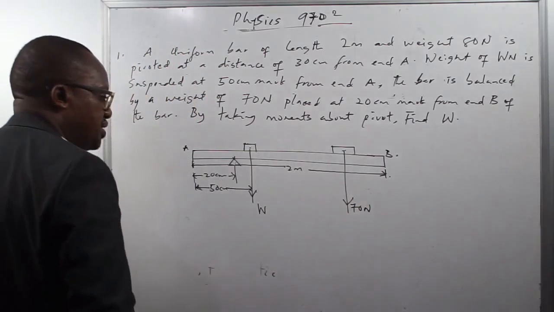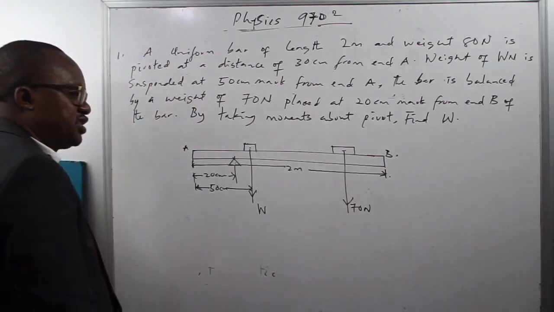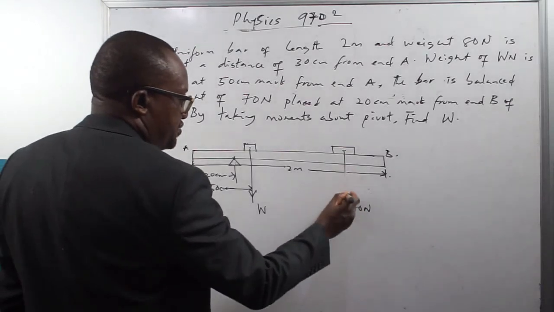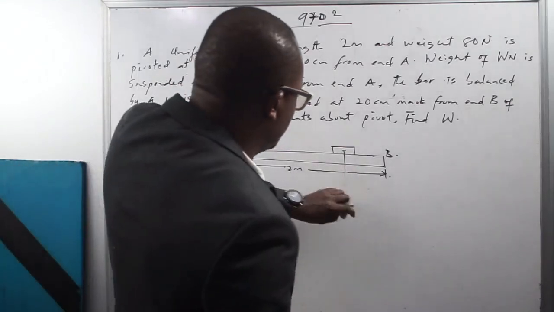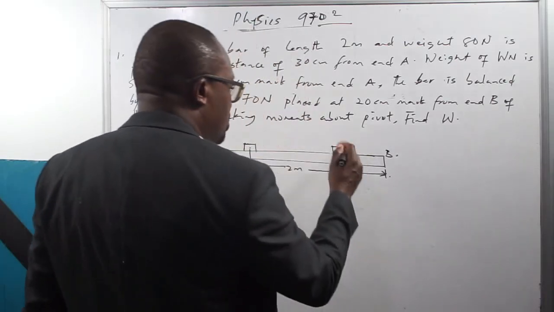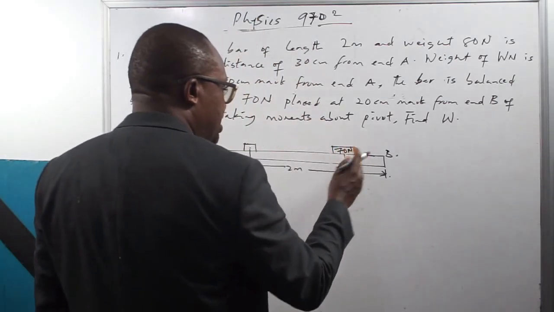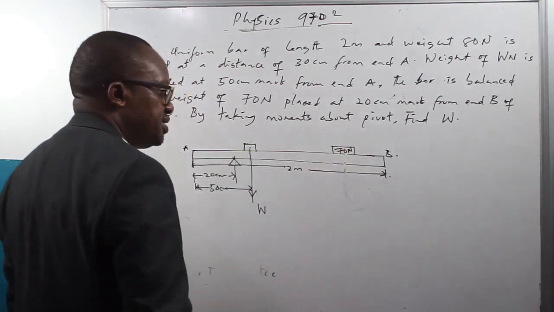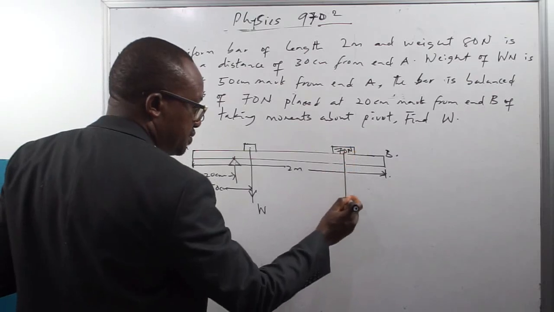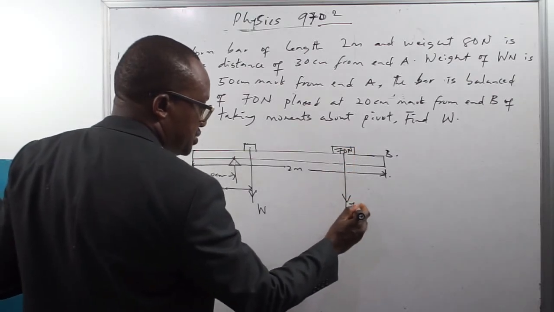Remember, look at the way I'm drawing the direction of the line of action of the weight. Even if you are told that this is just 70 newtons and they did not draw the line of action of the weight, you know weight is a downward force. It acts vertically downwards. It's very important.